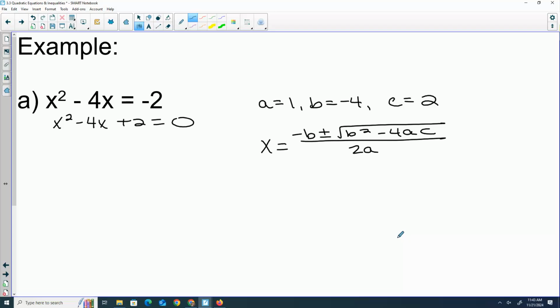That's what we're plugging into. So the opposite of b, the opposite of -4, plus or minus the square root of -4 squared minus 4 times 1 times 2, over 2.